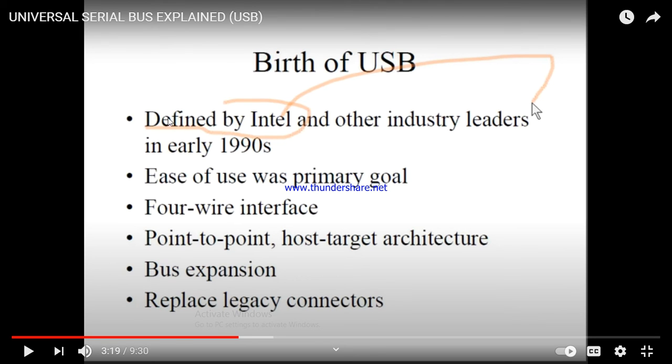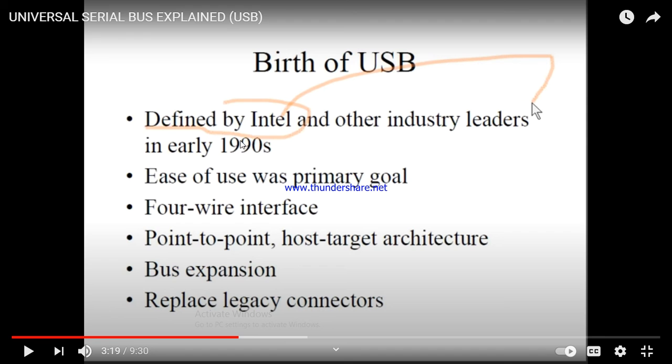Birth of USB. It was mainly developed by Intel, and some other industry leaders also put their efforts in, in the early 90s.